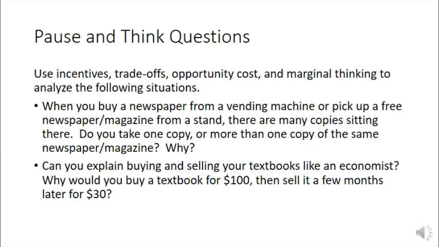So do you take one or do you take more than one? Why might you take the amount you chose? You don't have to tell me, but on your own, think about how you can analyze this question using those economic concepts. And secondly, can you explain buying and selling your textbook using the foundations we were talking about?